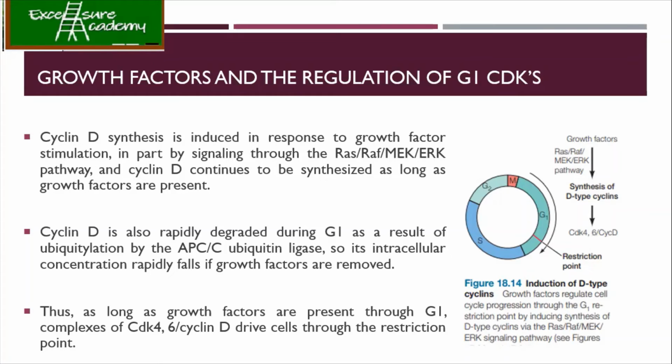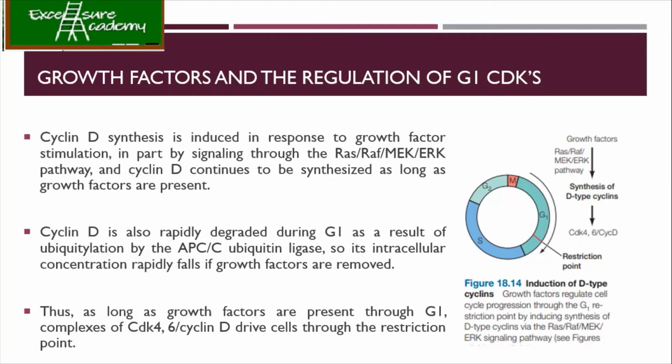Now that is going to activate your RAS protein. RAS gets exchanged: instead of GDP, you now have GTP. This activated RAS-GTP is going to activate RAF, RAF is going to activate MEK, and MEK is going to activate ERK. They all result in cyclin D synthesis, and this keeps on as long as the growth factor is present.